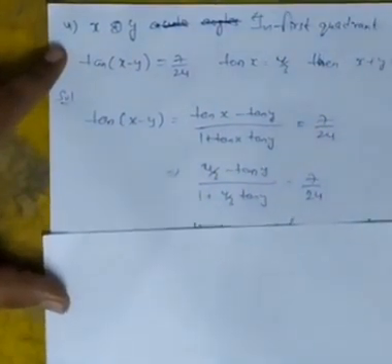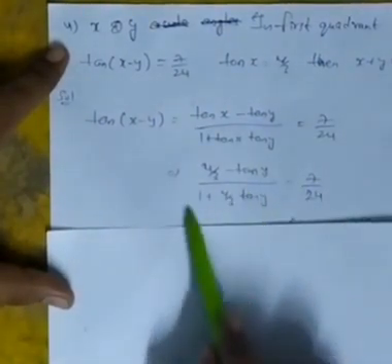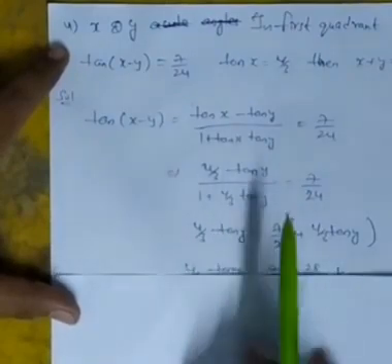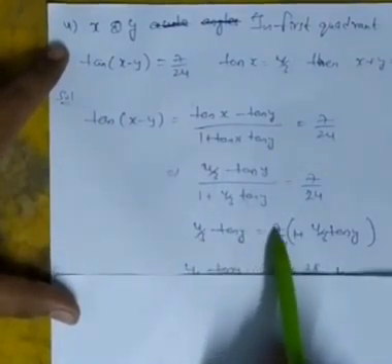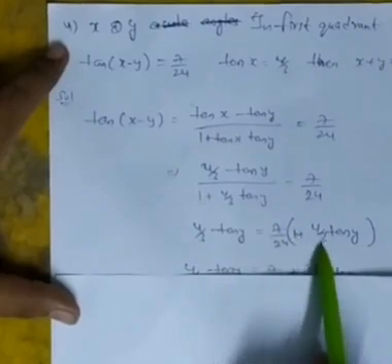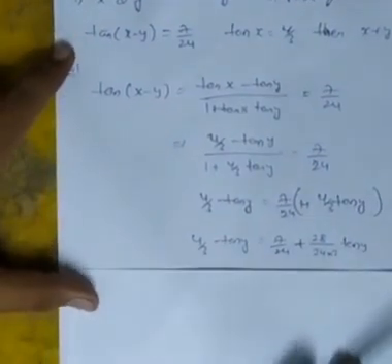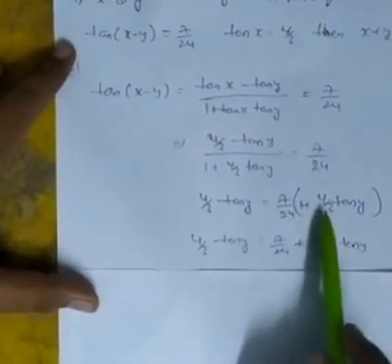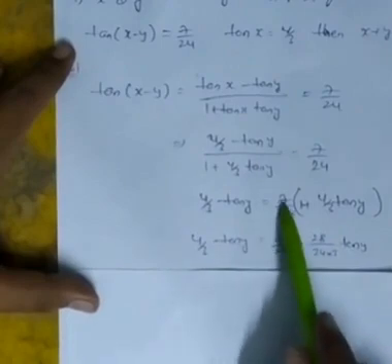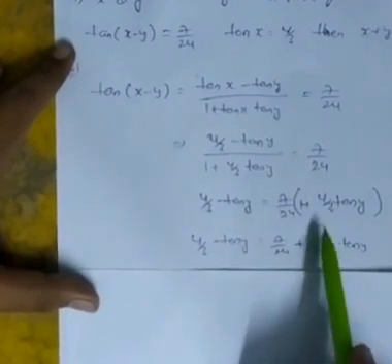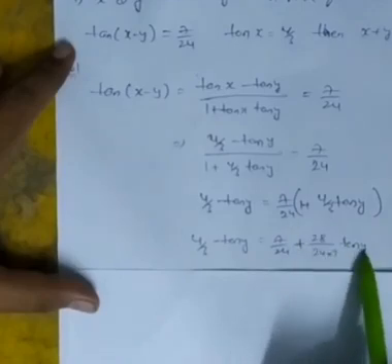So taking this denominator to the right side, we are left with 4 by 3 minus tan y on the left side, equal to 7 by 24 of 1 plus 4 by 3 into tan y. After multiplying 7 by 24 inside, the left side is 4 by 3 minus tan y. Here, 7 by 24 into 1, and 28 by 72 into tan y.